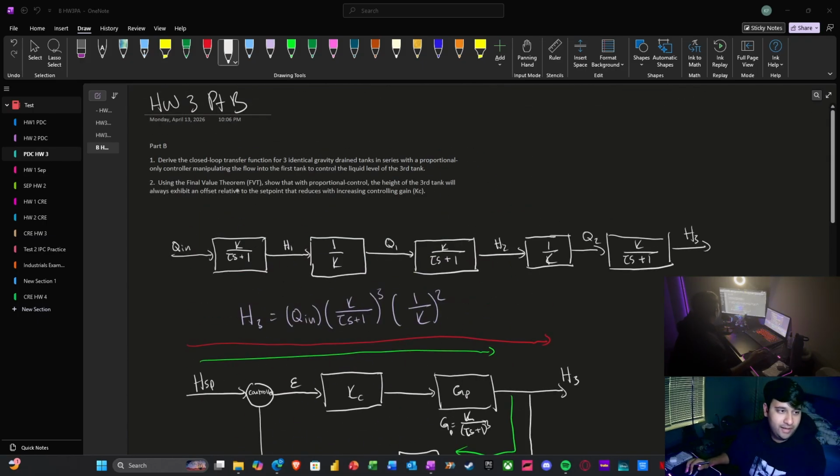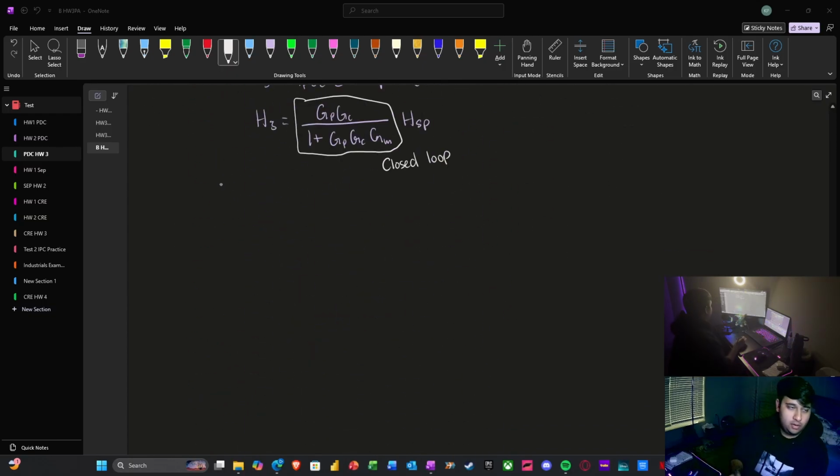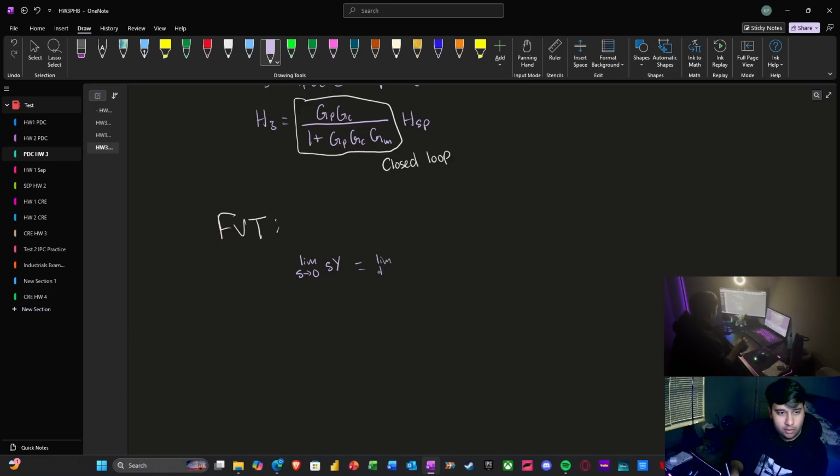Now we're going to set up our final value theorem, our FVT. What we're basically saying is that the limit as s approaches 0 of s times Y, where Y is found through the Laplace transform, is equal to the limit as t approaches infinity of y.